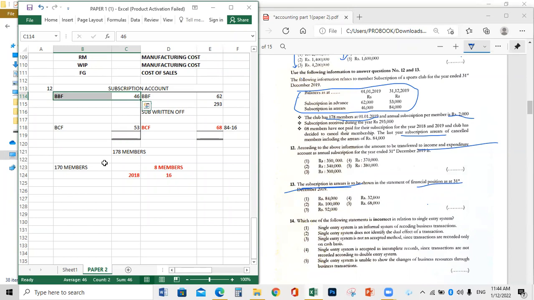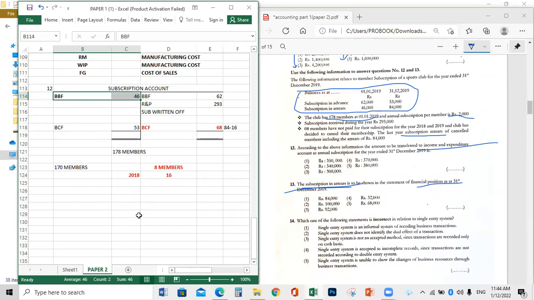Guys, because it's last year's one only, you have to do it this year. Do you understand? The last year subscription which you thought you will receive, 16,000, is already inside the opening balance.